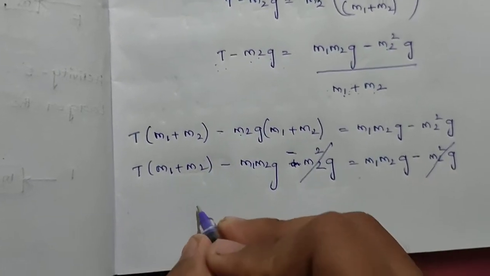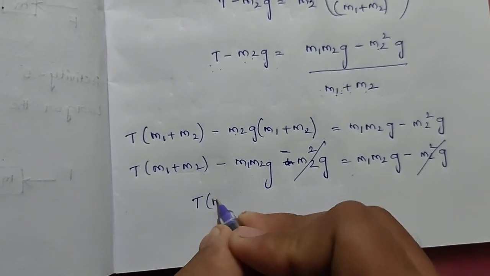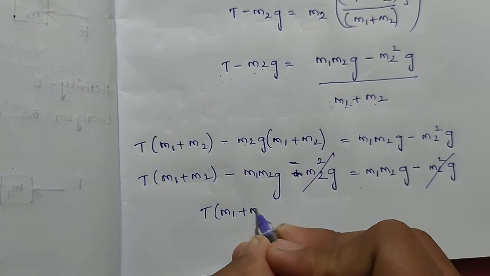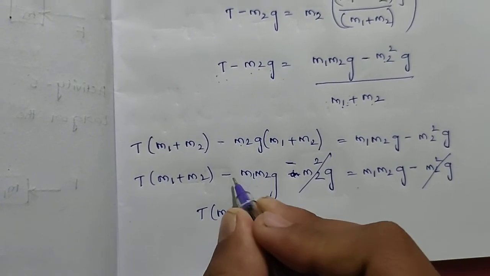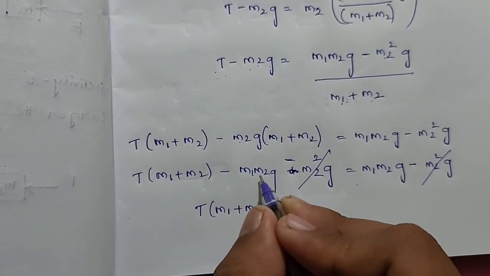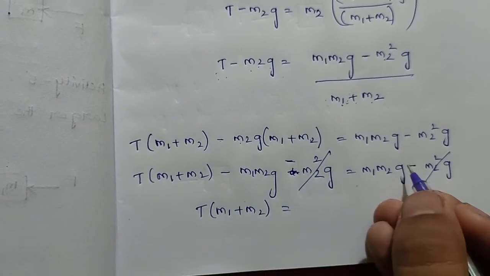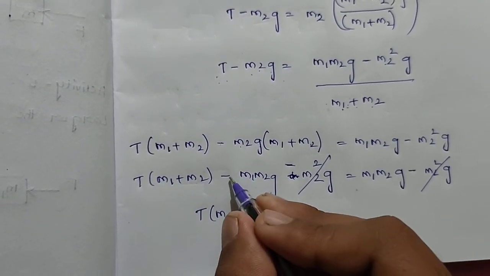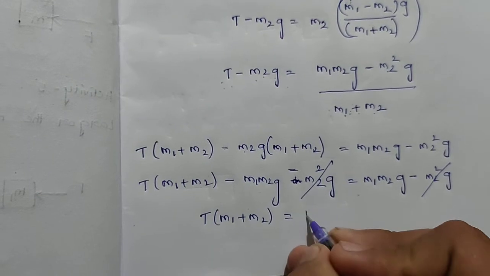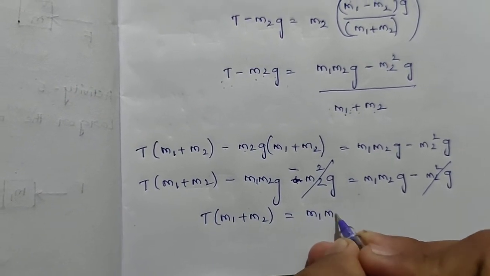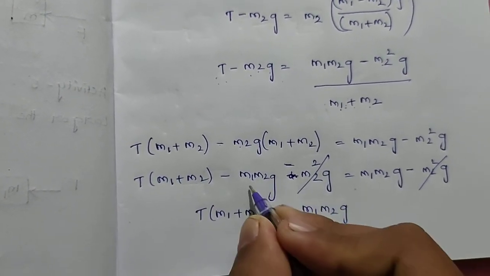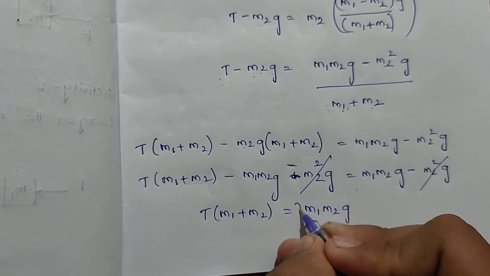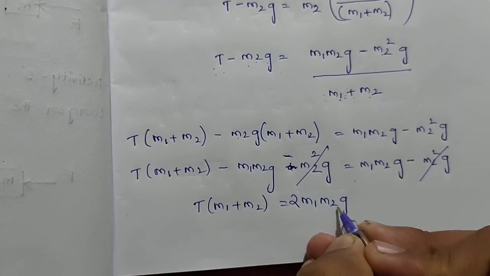Now if I simplify this, T times (m1 plus m2), if I send this m1 m2 g to the right side, here I have minus, I'll get plus, so m1 m2 g plus m1 m2 g, which means 2 m1 m2 g.